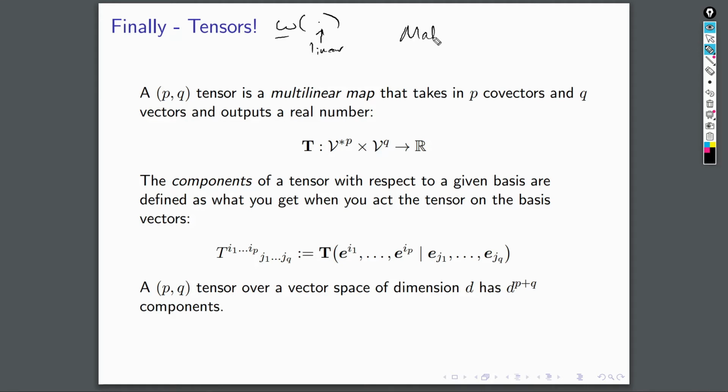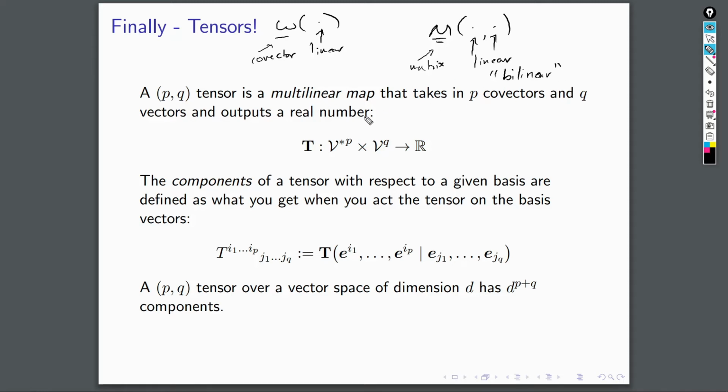And the matrix, so this was our covector, and then our matrix was linear in both its arguments. So you could say it's bilinear, right?